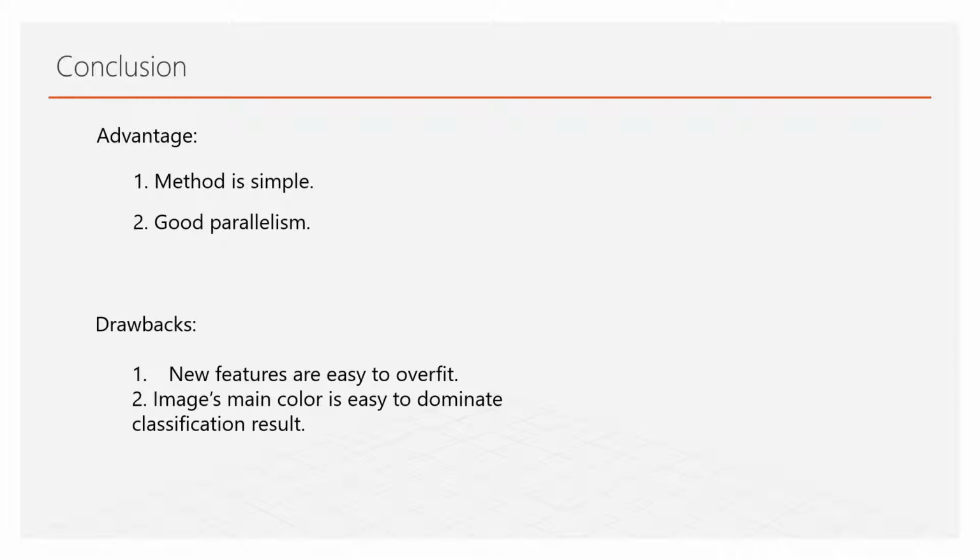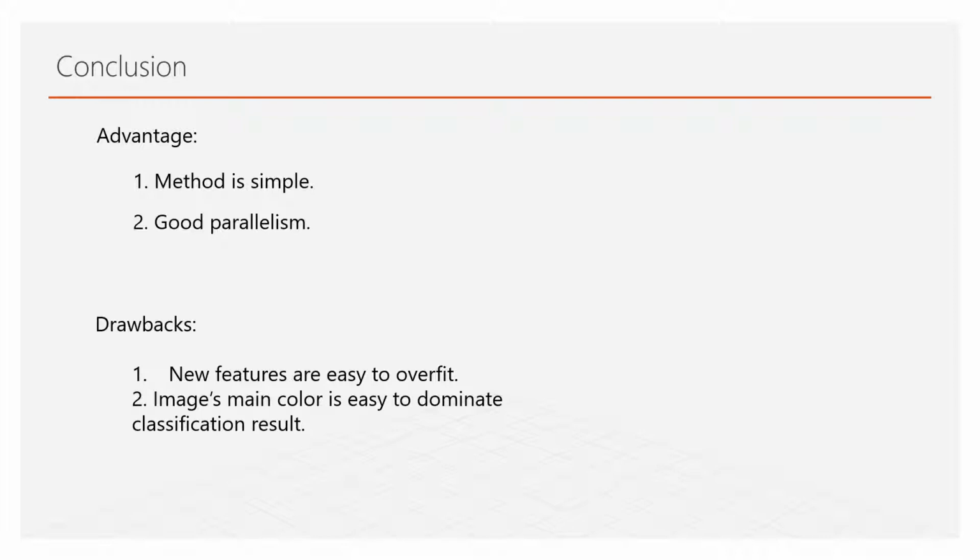The drawback is when we increase the number of random features we generate, the classifier can achieve better performance, but it is also very easy to overfit on a data set.